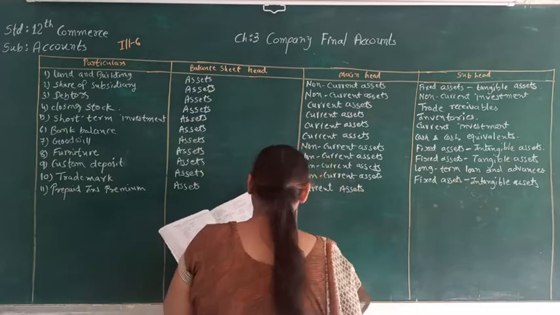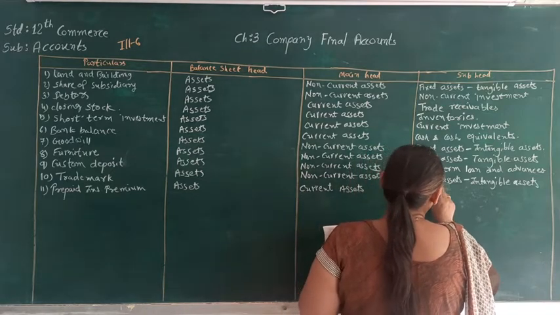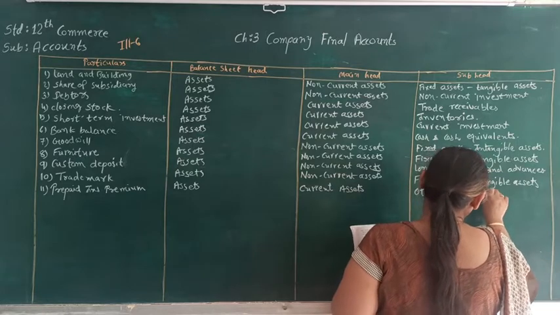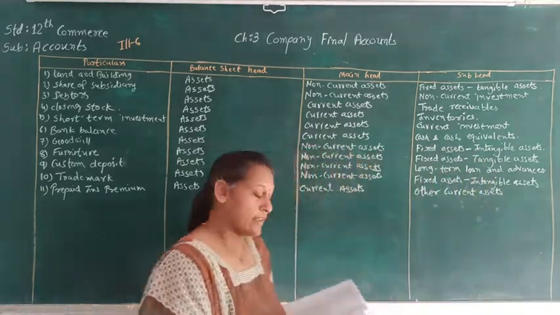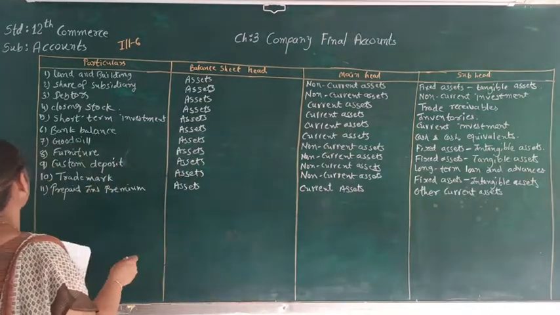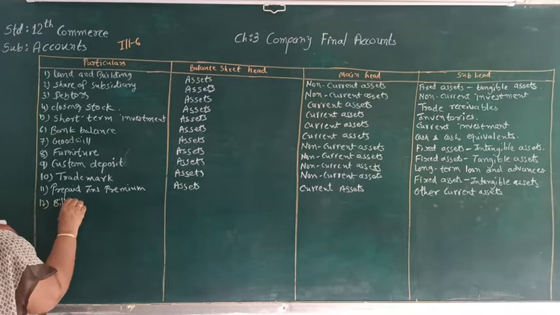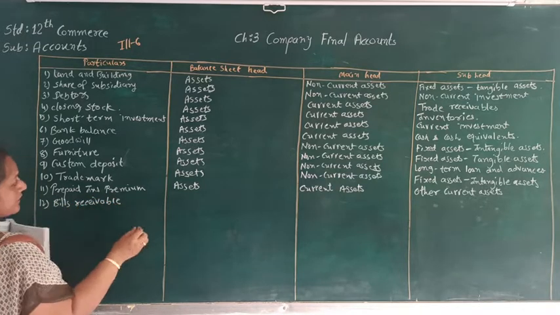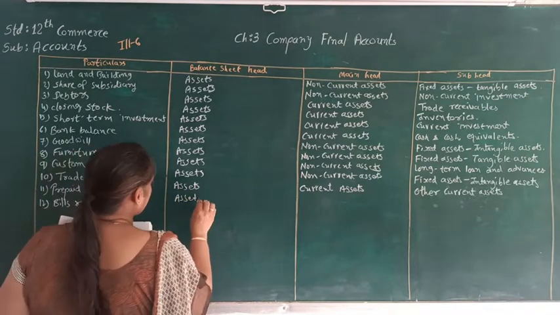And it will be shown as other current asset. After that there is bills receivable, that is number 12. So bills receivable, we already discussed before, is a trade receivable.